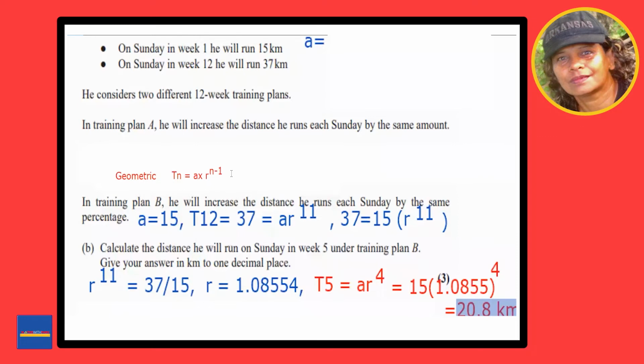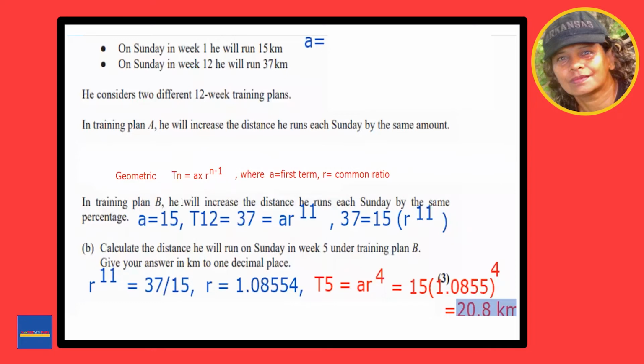The general term is Tn equal to a times r to the power n minus 1, where once again a is the first term and r is the common ratio.